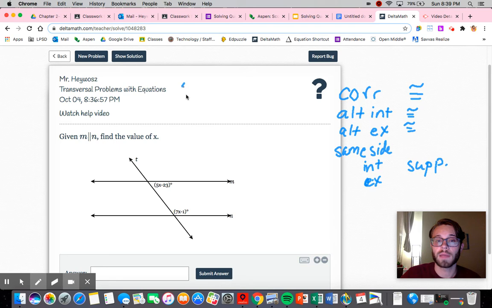So let's solve this. We have 5x minus 23 plus 7x minus 1 equals 180.